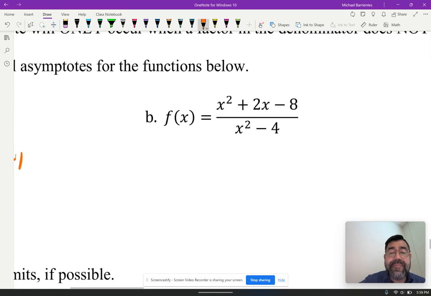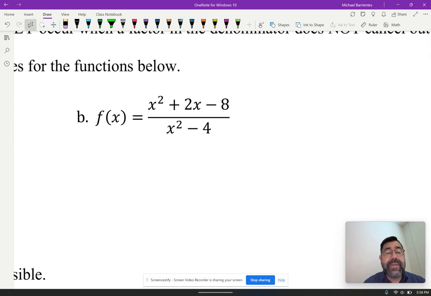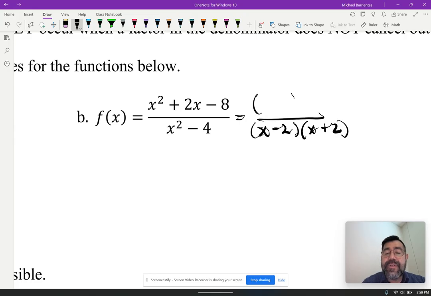All right. What about letter B? Is the denominator factorable? Can I factor the denominator? Yes. I can factor that into x minus 2 and x plus 2. Can I factor the numerator? Yes.